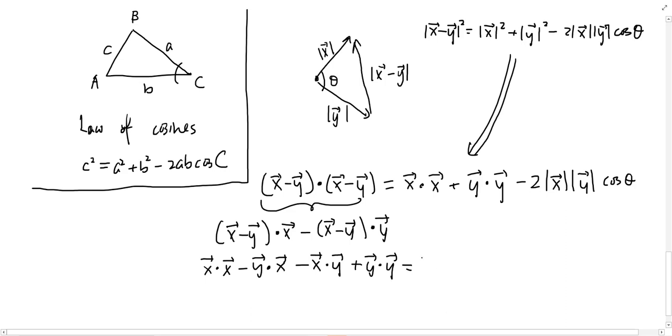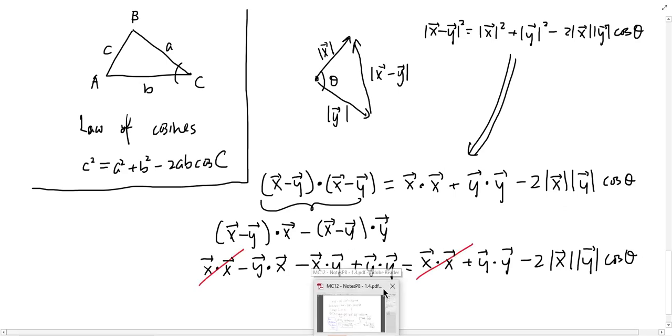And that's equal to x dot x plus y dot y minus 2 length of x, length of y, cosine theta. I know it seems a lot more complicated, but it's not, because notice x dot x would simply cancel from the left side and the right side. And then the y dot y would cancel from the left side and the right side also.